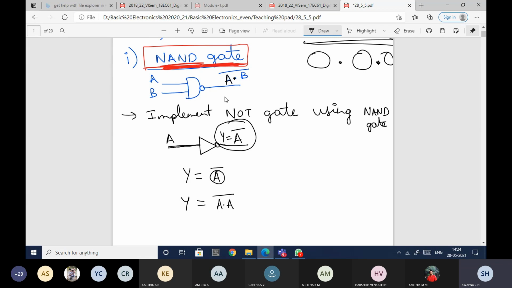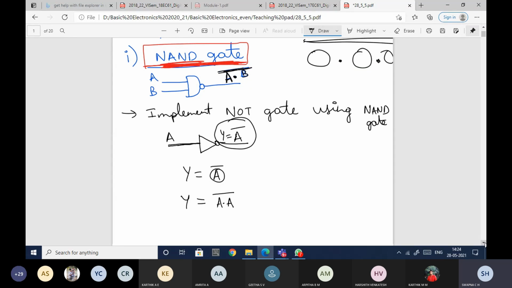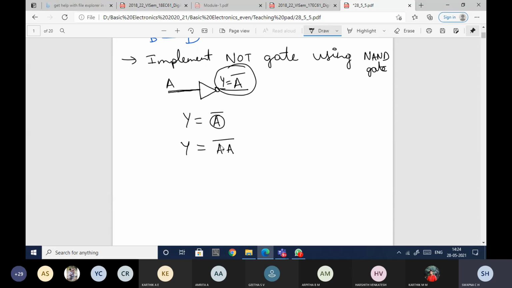What is the condition I have told you? In order to implement any gate or any function using NAND gate, you should have the terms, in between the terms one dot AND operation, and the whole thing in bar form. Only when your output equation is in that way will you be able to implement that function. Here I have a term, dot operation, again a term, whole bar.